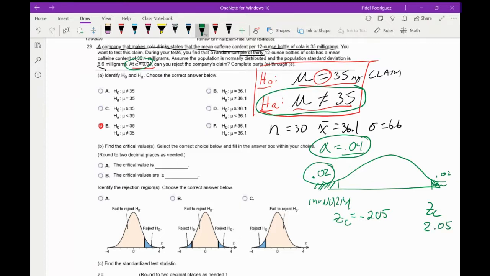So when I get to part B right here, I'm going to choose option B, and I'm going to put 2.05, and notice it already has the little plus and minus 2 here.